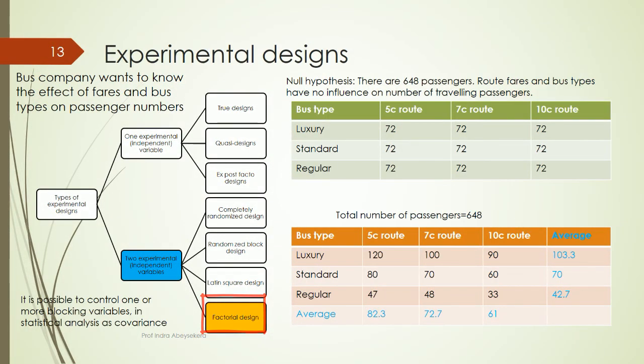The factorial design is where we have two independent variables, and both variables we want to look at the effect on passenger numbers. So in this instance, we got the bus type as one independent variable, and then the next one is the routes.